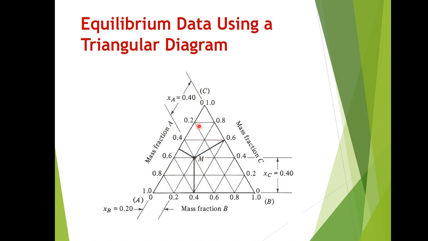Actually, class, if you know A and C, you need not read B. Or if you know A and B, you need not read C, because the sum of these three should be equal to 1, as pointed out in the previous slide. Okay, so this is how you read the concentration of the bulk phase M on the equilibrium triangular diagram.